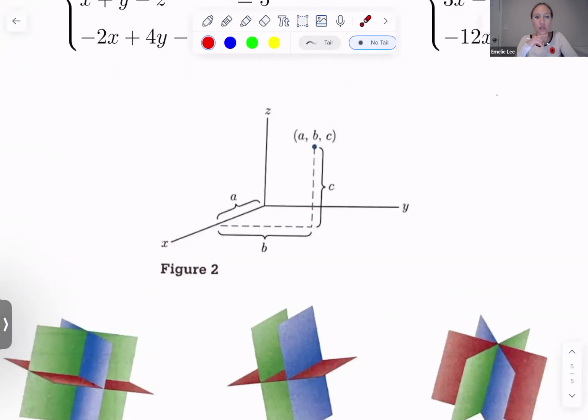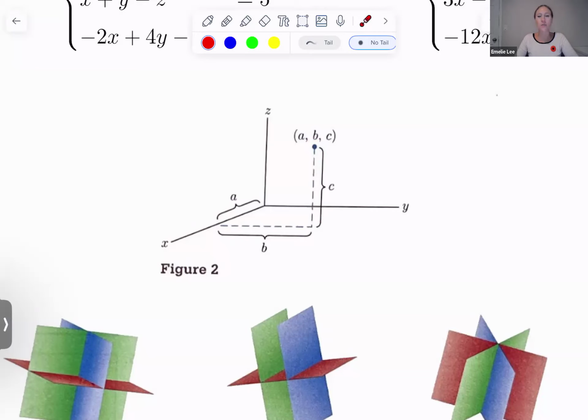When we have three variables, x, y, z, what that looks like is this kind of 3D situation. A combination of x, y, z, if we moved A units on the x-axis, B units on the y-axis, and C units on the z-axis, then we're at a point at ABC.